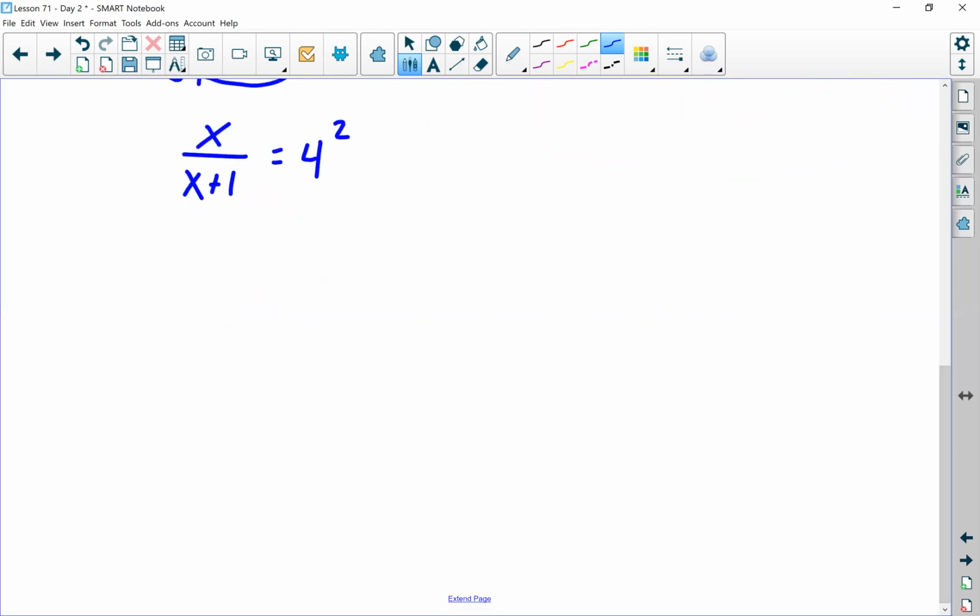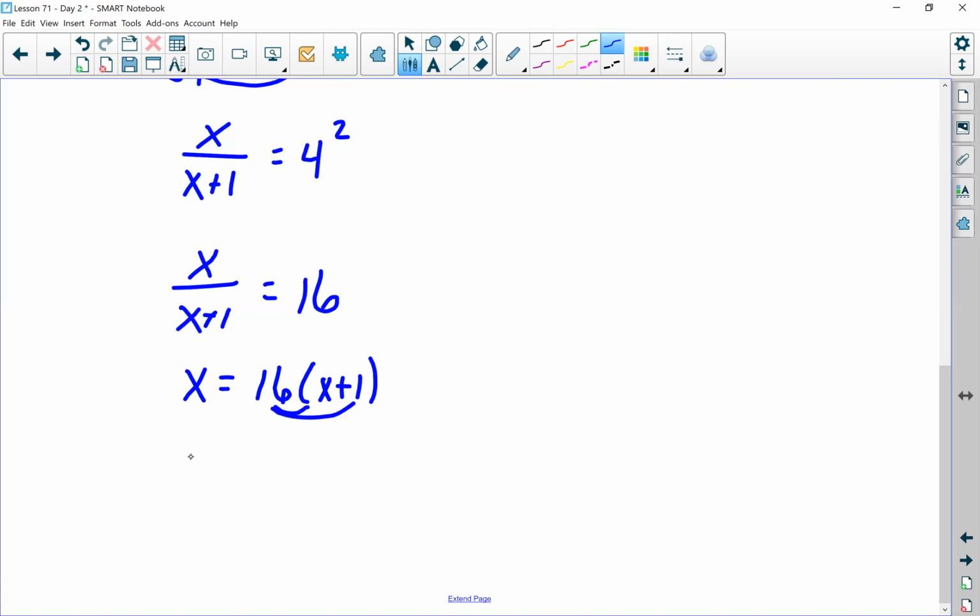So x over x plus 1 is equal to 16. And multiply both sides by x plus 1, distribute the 16 through.